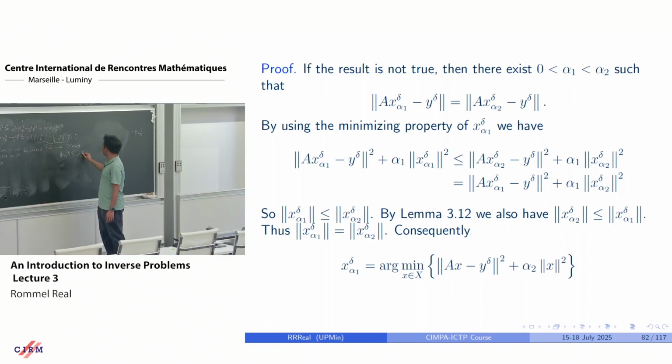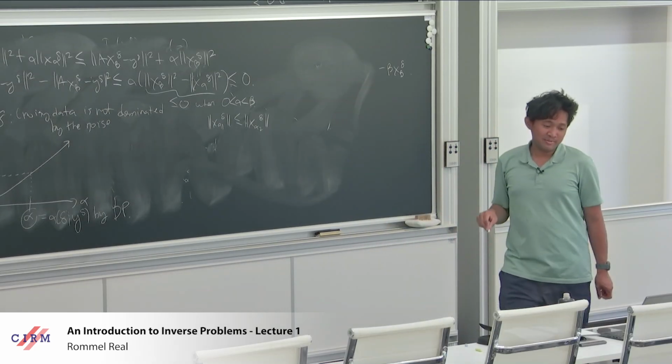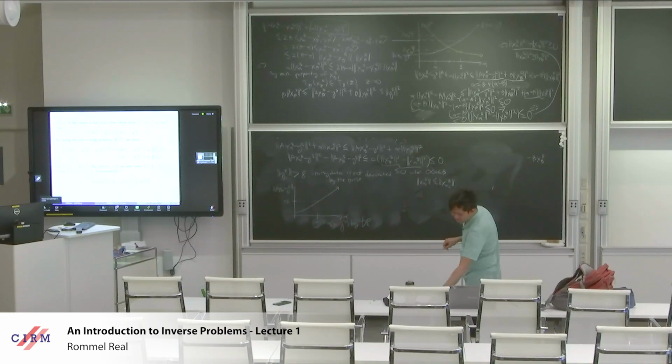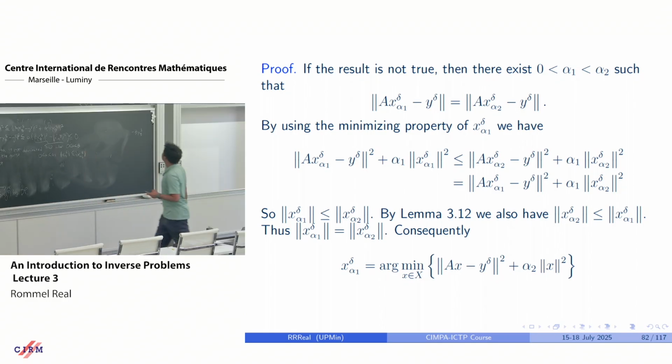Alpha 2 delta, okay? However, from the previous result, so that's for 0. But from the previous result in lemma 3.12, then it must follow that this should actually be greater than or equal.